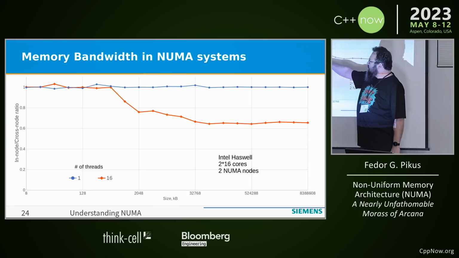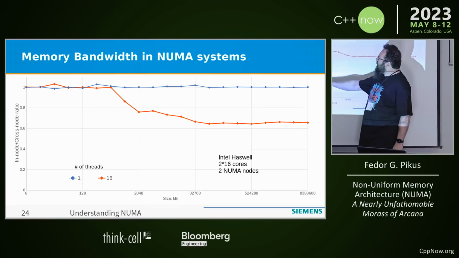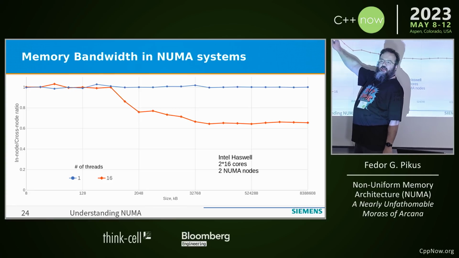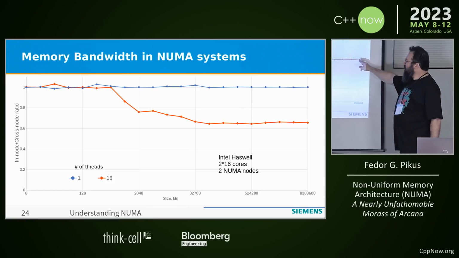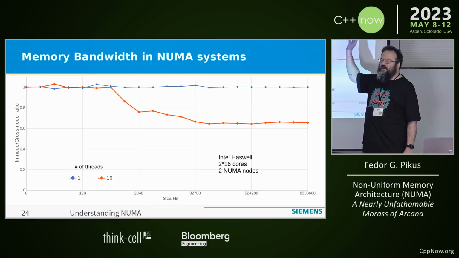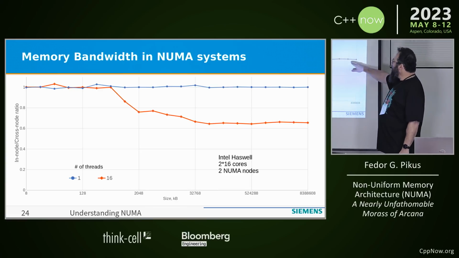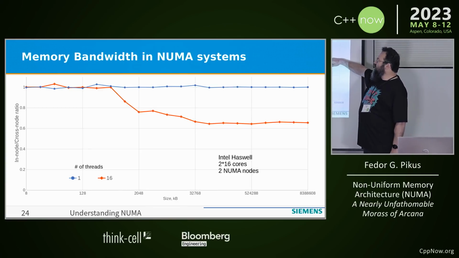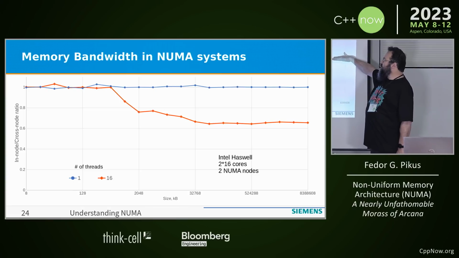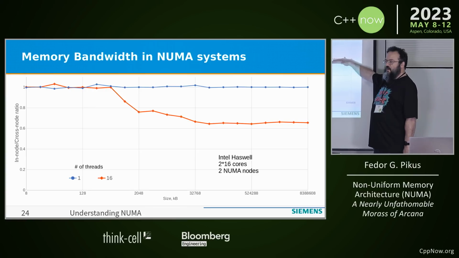For 16 threads, that's the L3 cache. L1 cache is 32K. As soon as you're out of L3 cache, you're dropping and eventually get to the difference between the in-node bandwidths to memory and out-of-node bandwidths to memory when you're fully saturated.